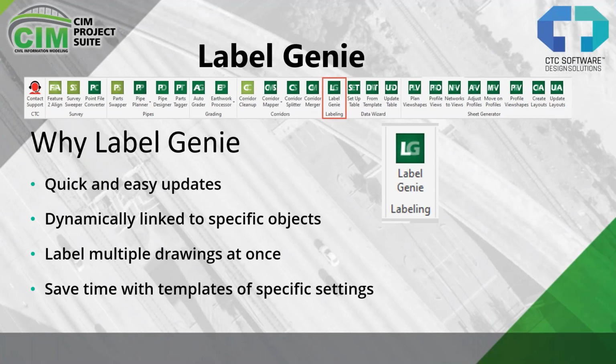It also can do quick and easy updates of labels once you've put them into your drawing. It's dynamically linked to specific objects, Civil 3D objects in particular. We can label multiple drawings at once. We can save time with templates of specific settings, which we'll get into a little bit today.